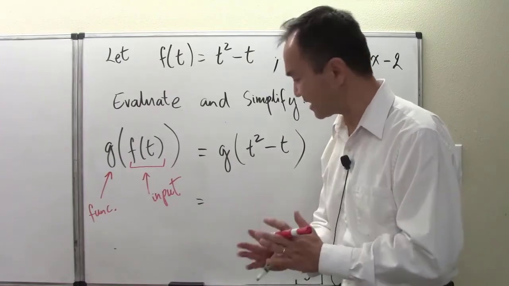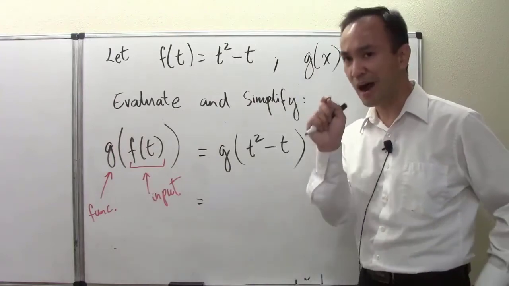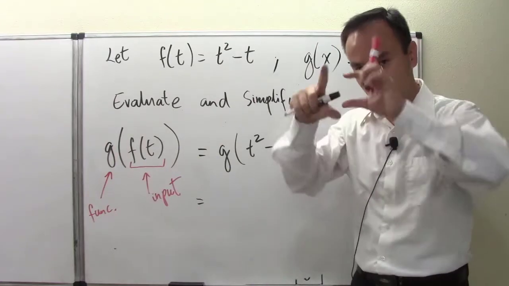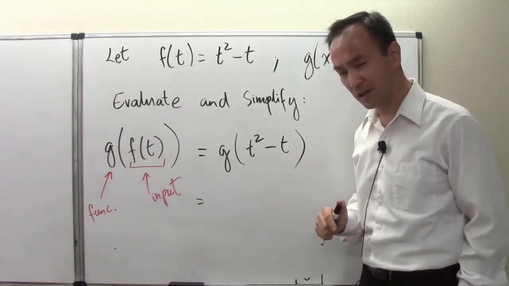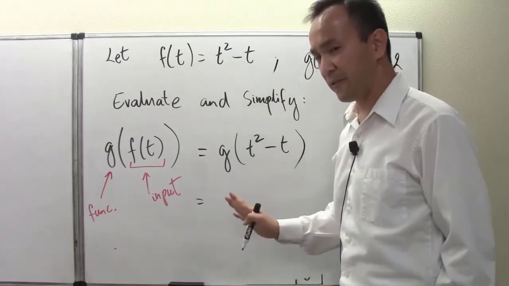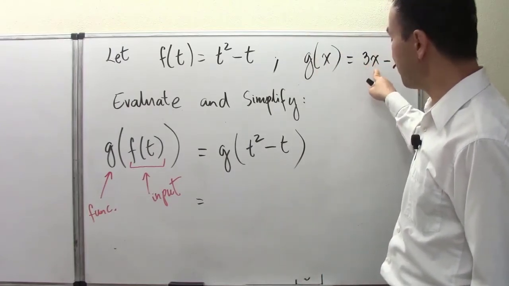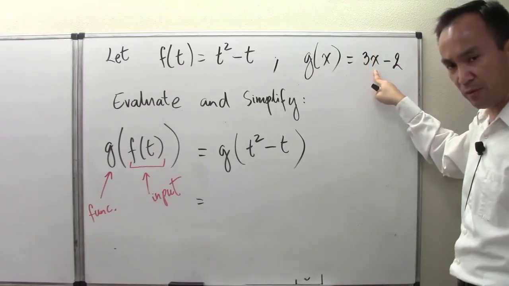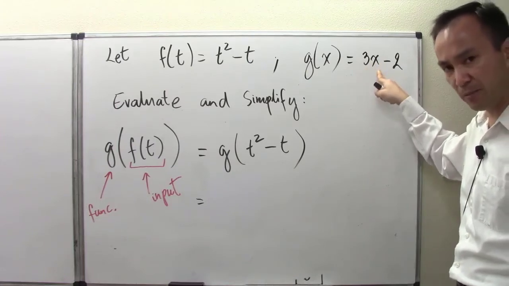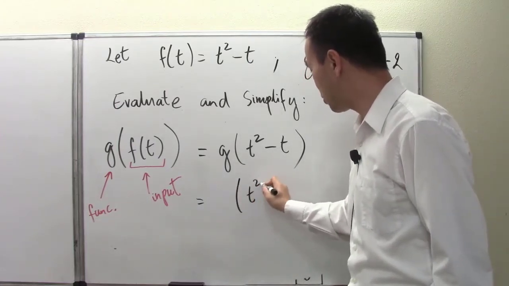The main function here is the g right there, the one outside of the largest expression. The rule of the function g says that for whatever the input is, we multiply 3 to the input and minus 2. So the input is currently t squared minus t.